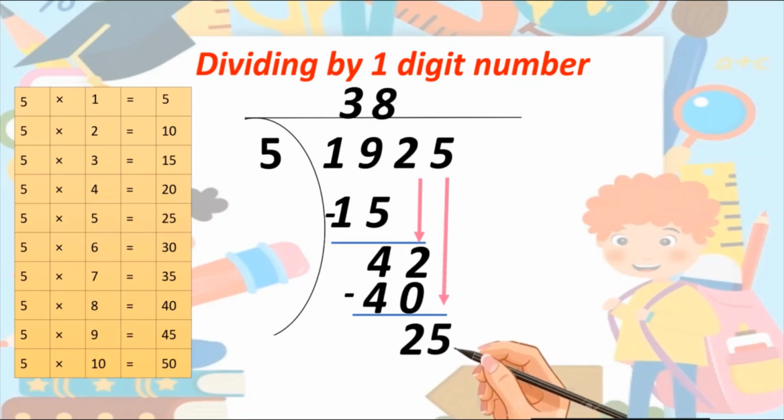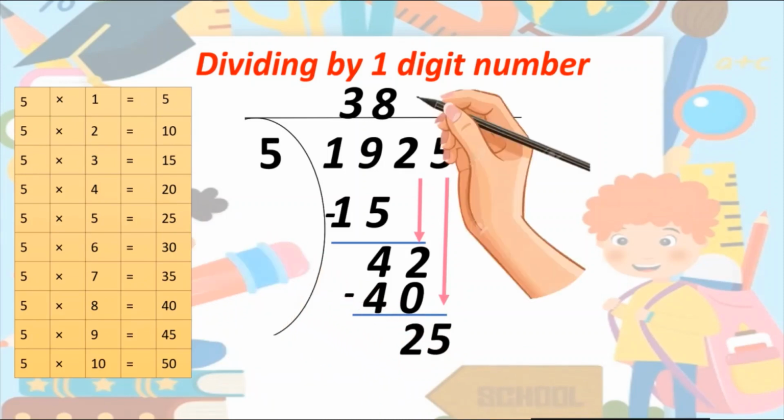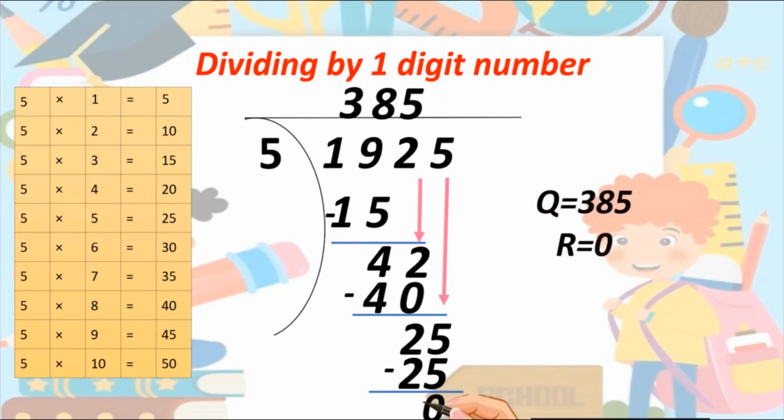Then we again bring down the next number, that is 5, and write it as 25. Again we look into the table of 5 and we see 5 fives are 25. So we write 5, and when we subtract 25 from 25, we get the remainder as 0. So here we get the quotient as 385 and our remainder is 0.